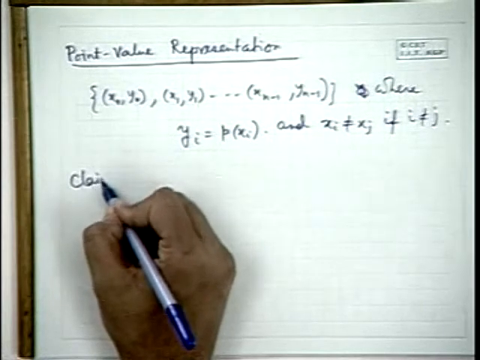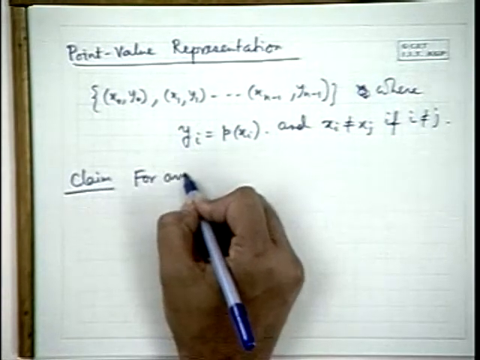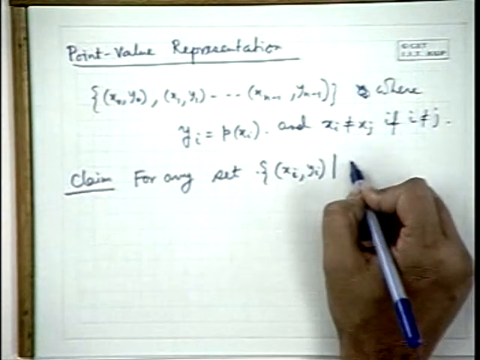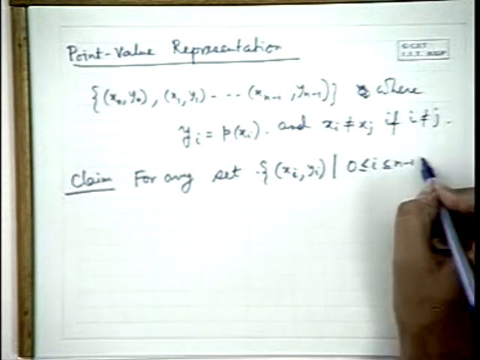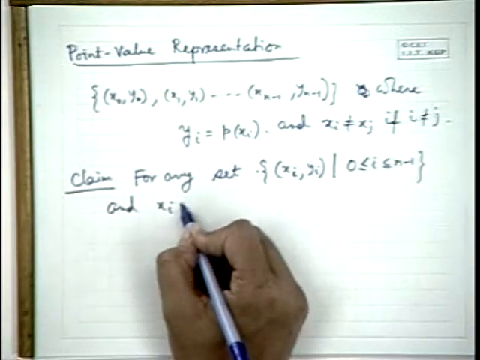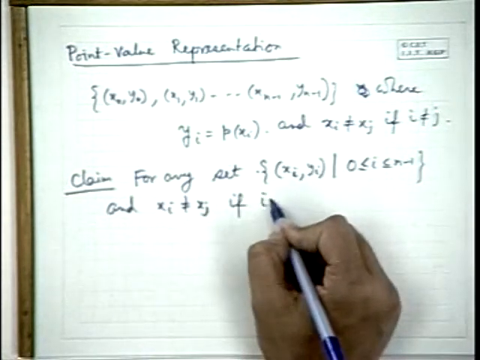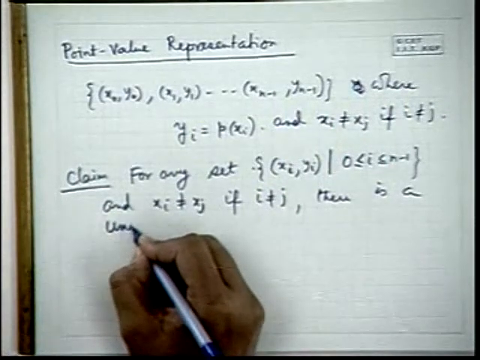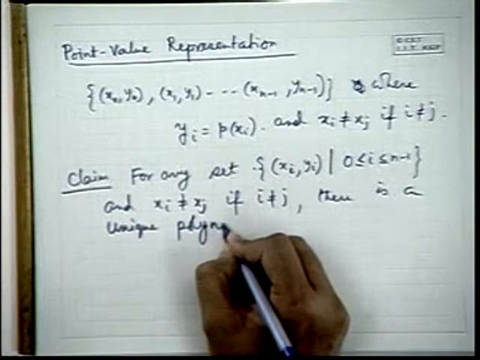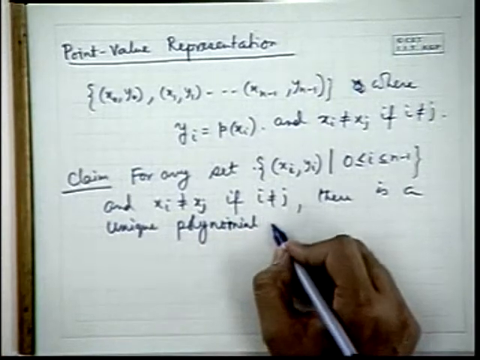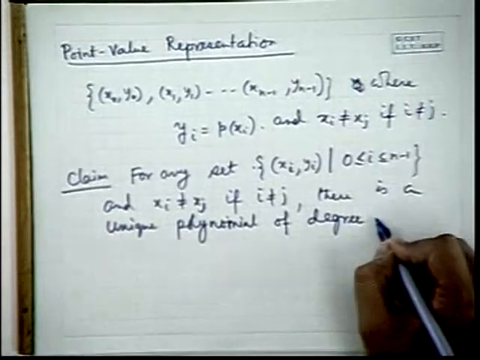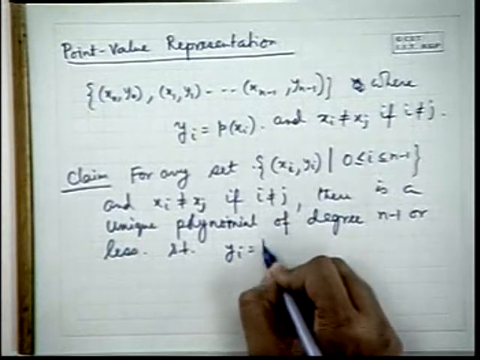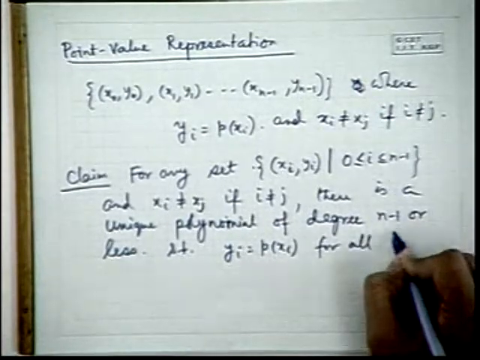So the claim is, for any set xi, yi where i is going from 0 to n minus 1, with xi not equal to xj if i is not equal to j, there is a unique polynomial p of x of degree n minus 1 or less, such that yi is equal to p of xi for all i. So this is the claim.